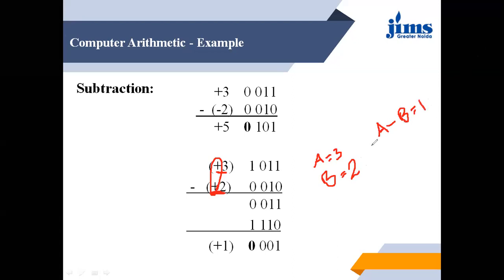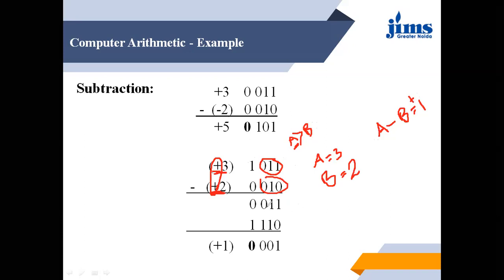Now this is shown that when the magnitude of A is greater than the magnitude of B, or when A is greater than B, in that case the sign will be the sign of A. Sign of A is plus over here, so the value will be +1.